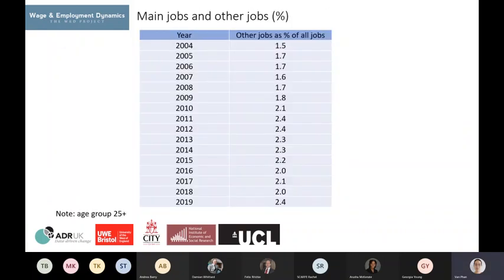Among employees aged over 25, the percentage of other jobs has been rising over the years, from 1.5% in 2004 up to 2.4% in 2019.